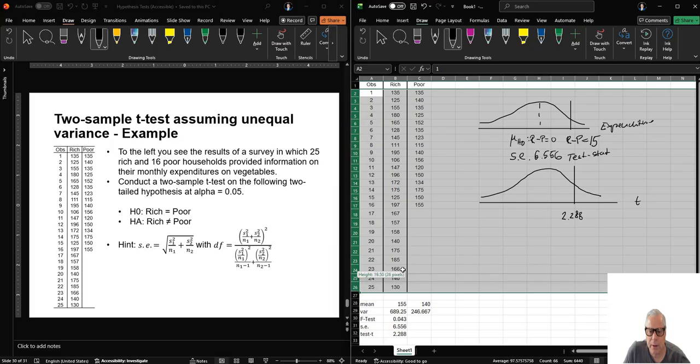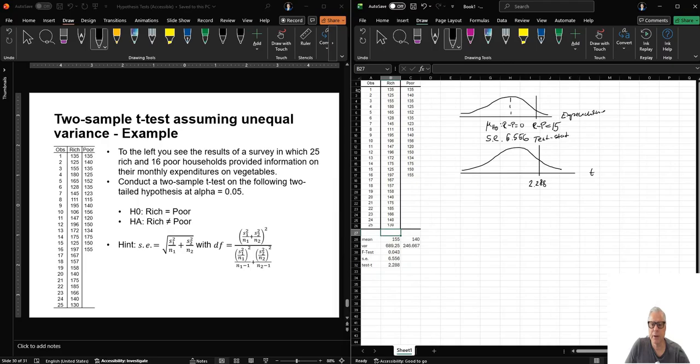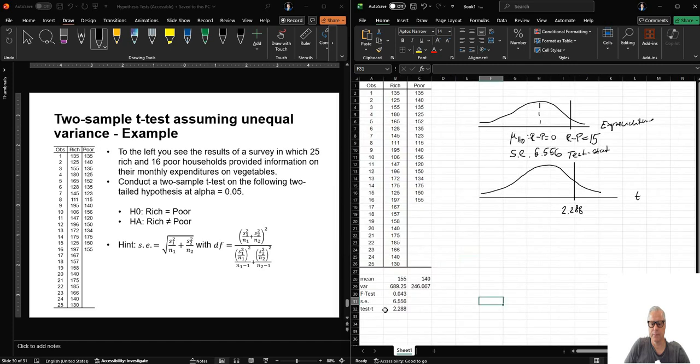find the degrees of freedom. And you see the degrees of freedom, that's a really not so nice formula. Okay, so at the 5% level we need to first calculate the degrees of freedom.